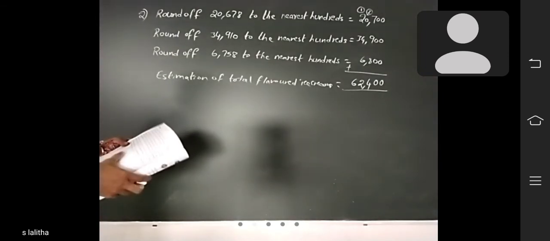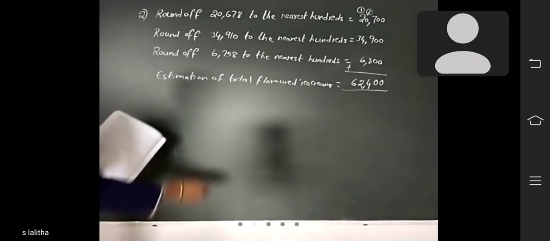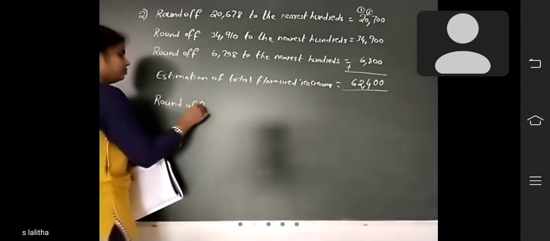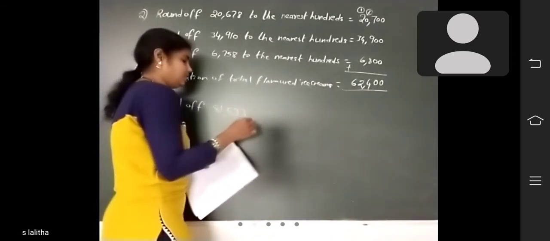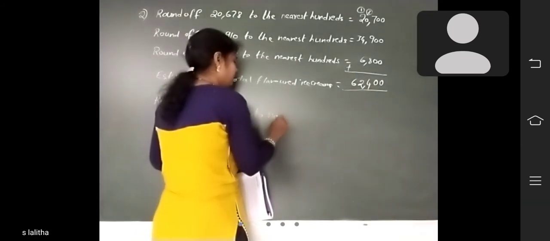So the ice cream factory produces how many? 81,533 ice creams. Round off 81,533 to the nearest hundreds place.